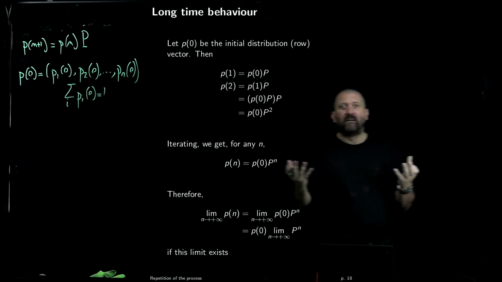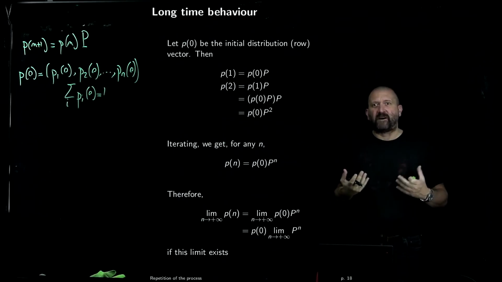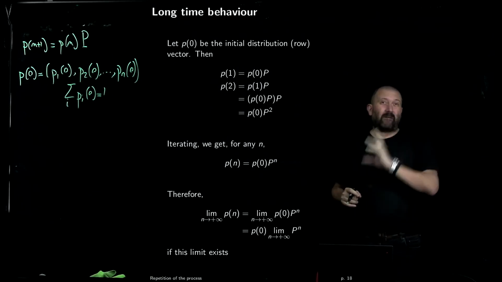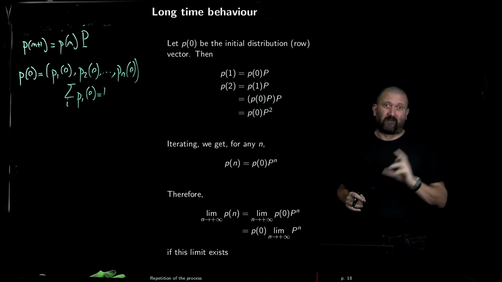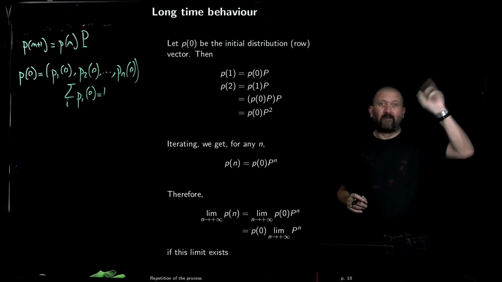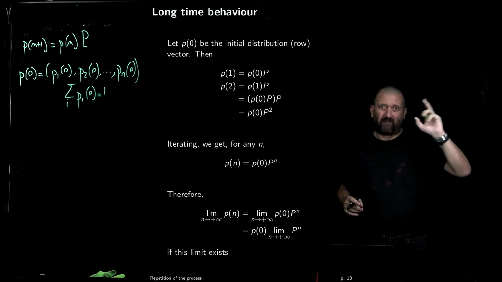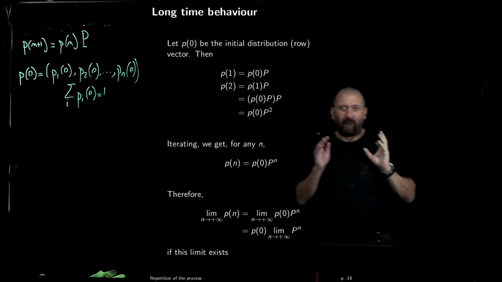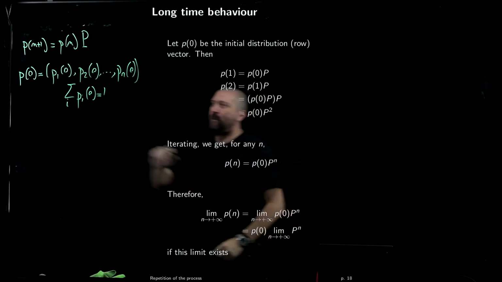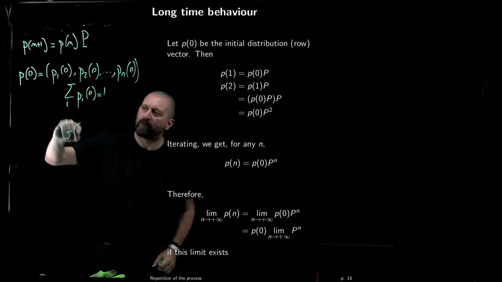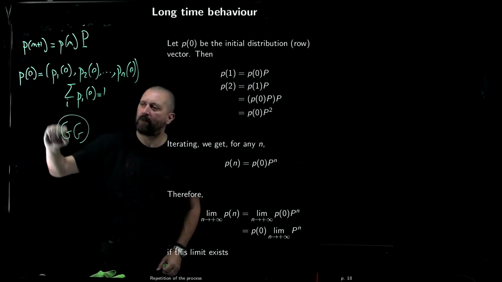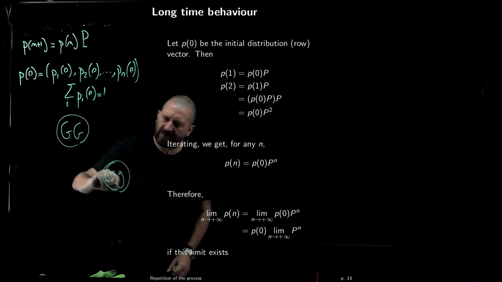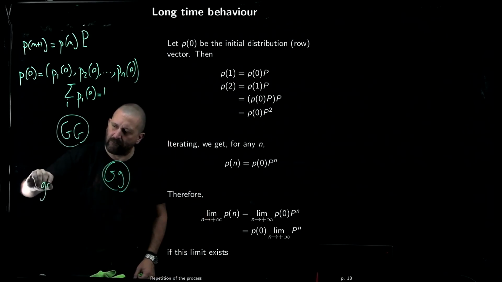So for instance, remember the genetics example that we're going to come back to. In that example, we will have 3 possible states: GG, the dominant, the hybrid, and the recessive.